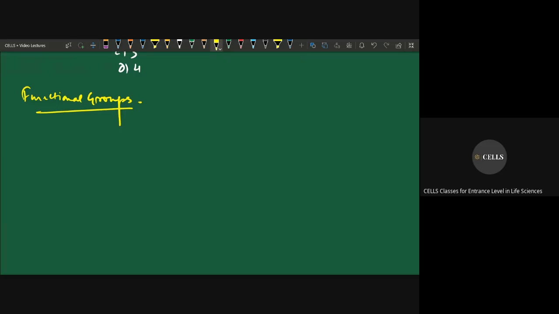Functional groups. First of all, we'll discuss carboxylic acids. The structure is COOH.